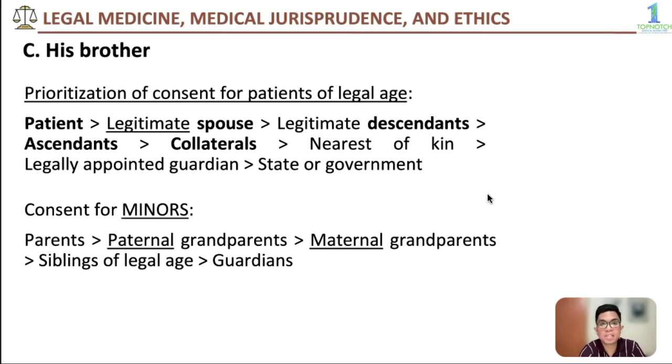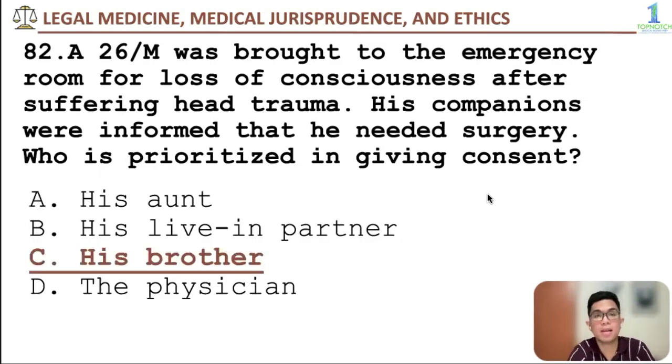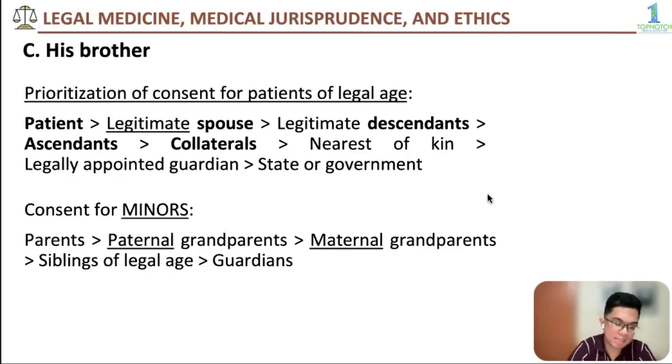Okay, so for the prioritization of consent for patients of legal age, so di ba si patient is 26-year-old male. So, first is the patient, then their legitimate spouse. Again, keyword there is legitimate. So, yung mga live-in partner, unfortunately, hindi pwede. Okay, so spouses lang pwede, legally married spouses, okay?